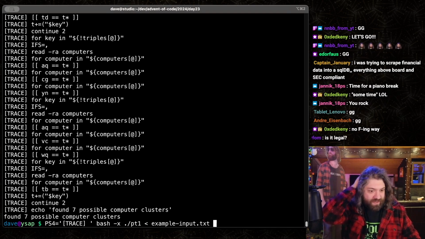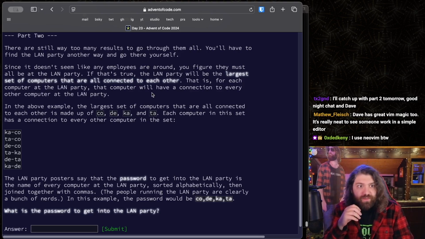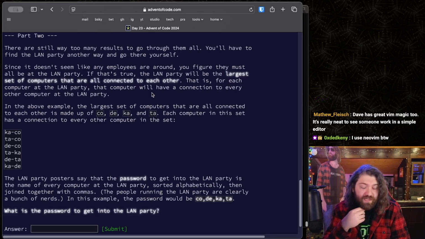GG, thank you. There are still way too many results to go through them all. You'll have to find the LAN party another way and go there yourself. Since it doesn't seem like any employees are around, you figure they must all be at the LAN party. If that's true, the LAN party will be the largest set of computers that are all connected to each other. I knew it was going to be some sort of problem like this.